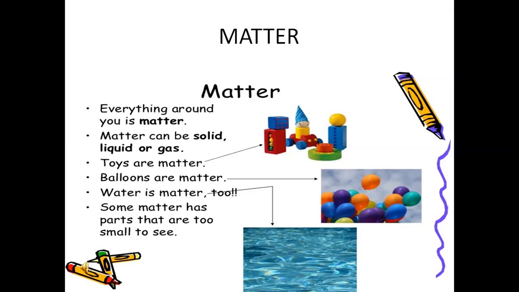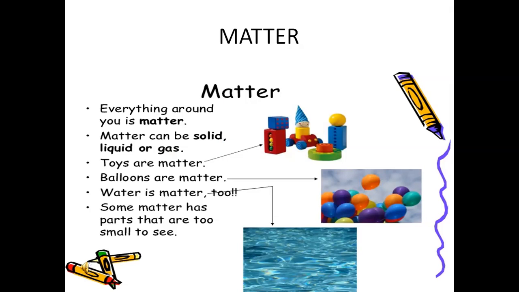They are so small that you cannot see them with your eyes or even with a standard microscope. A standard sheet of paper is about a million atoms thick. So everything around you is matter. See these pictures. Matter can be solid, liquid, and gaseous.